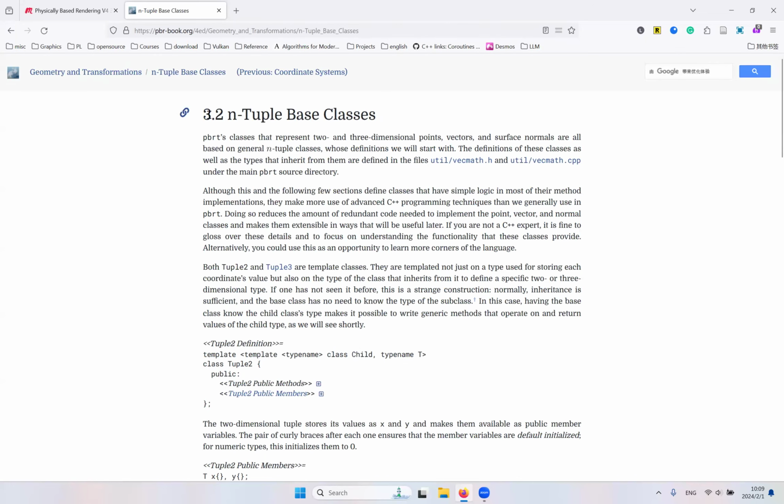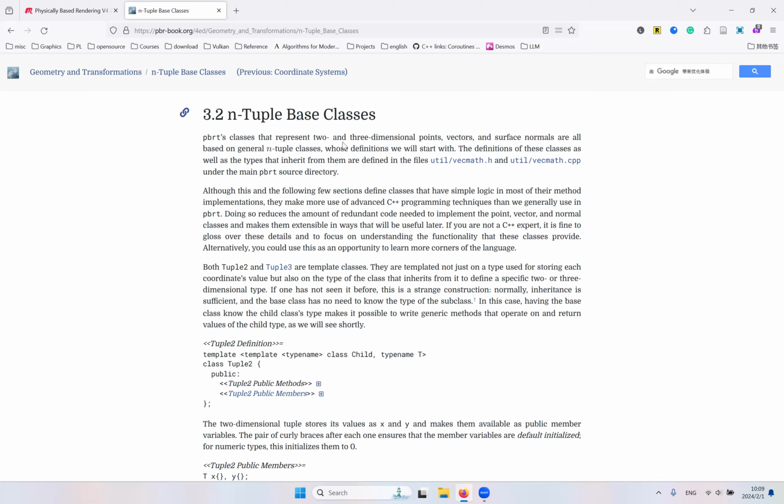The second section is about vectors; this is a base class for vector. But PBRT distinguishes between vector and point.